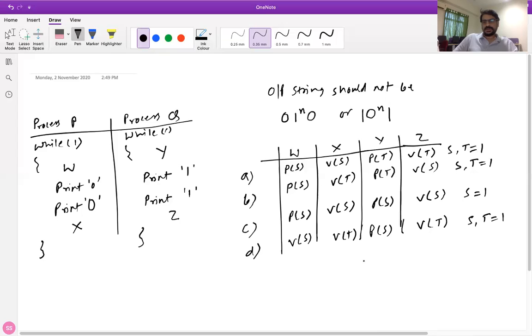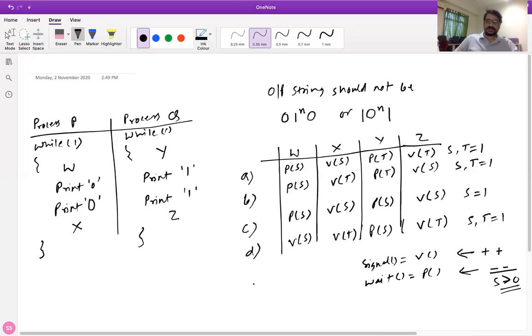We know that signal means V, and wait means P. So wait will decrement and signal will increment. So here we have the condition that the semaphore value should be greater than 0.